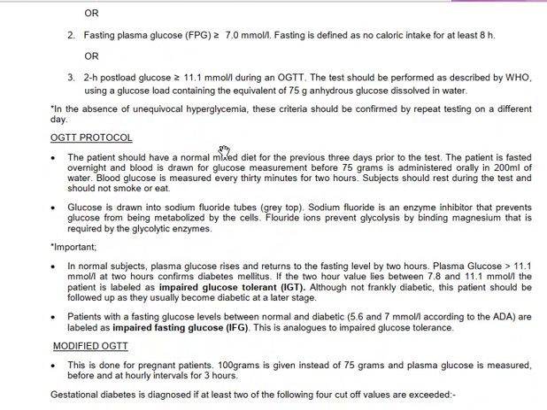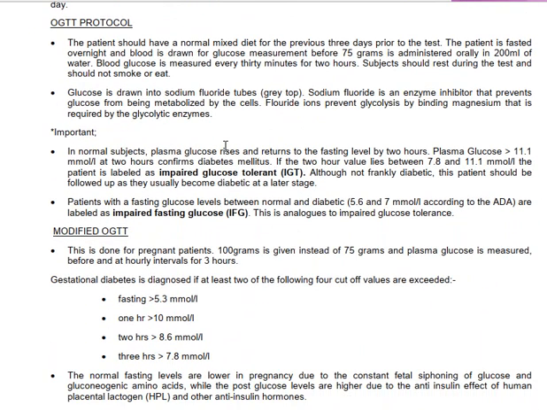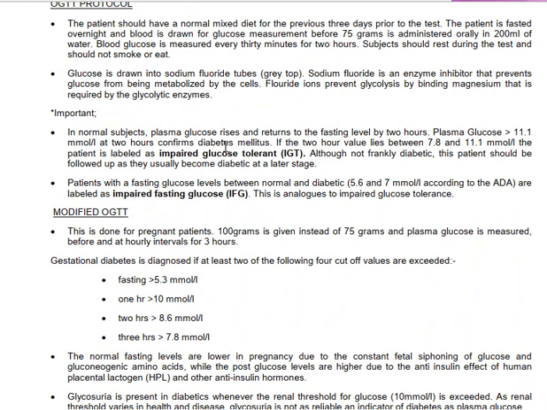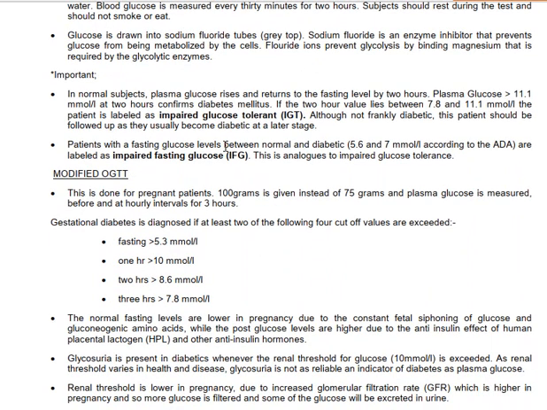Now the next is a case of impaired fasting glucose. Patients with fasting glucose between 5.6 to 7 millimoles are labeled impaired. Is it clear? The fasting blood glucose should be less than 126 milligram per deciliter.